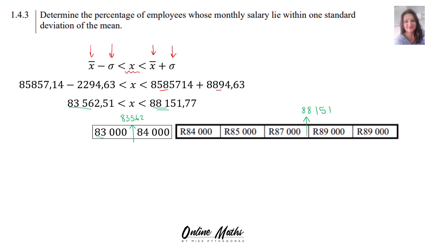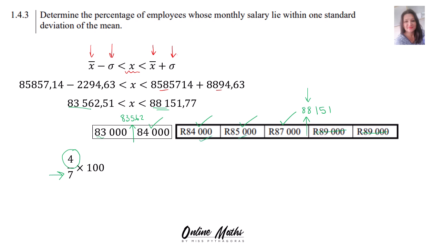So now we will count how many values lie within the parameter. We will see that just after 83,000 there's 84, so there's 1, 2, 3, 4 values. There you find 88,000. 89 is too big and 89 is too big. So our answer is in fact 4 out of the total of 7. Where does the 7 come from?